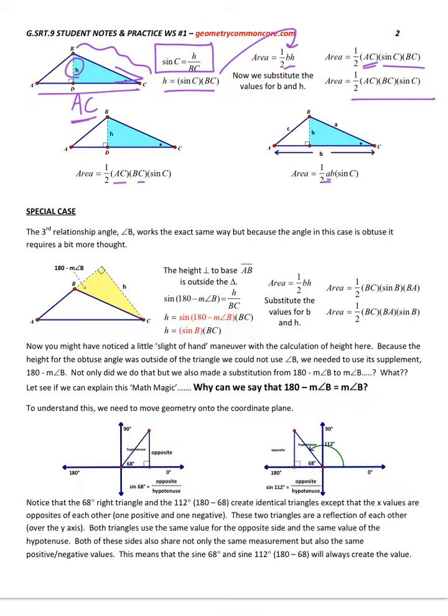The special case comes when you want to look at that last angle, angle B. If you notice, to drop the height to side AB, you have to extend side AB.